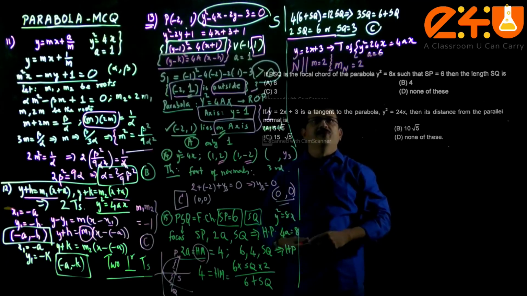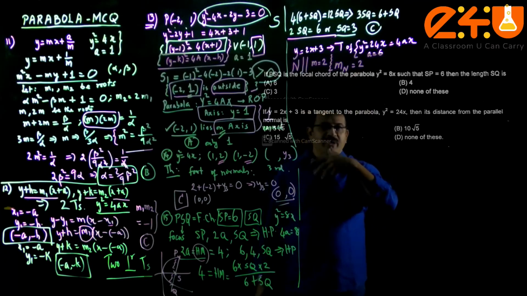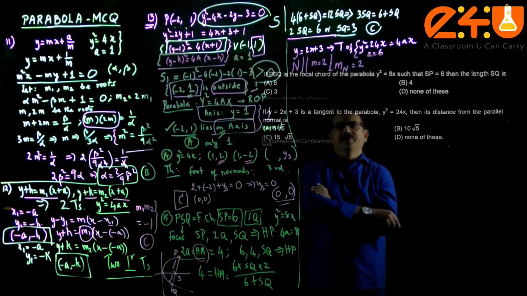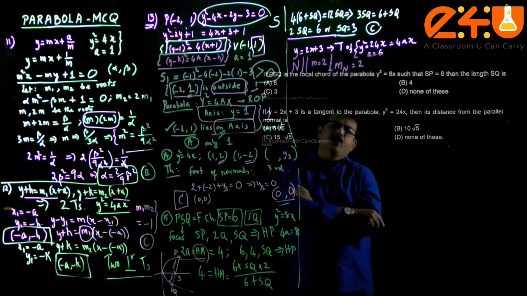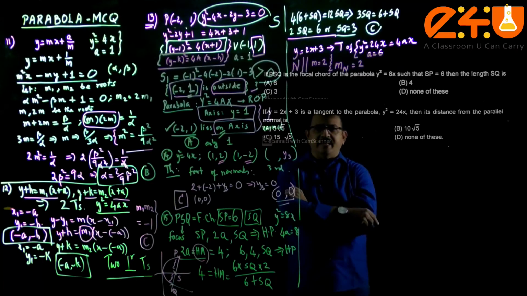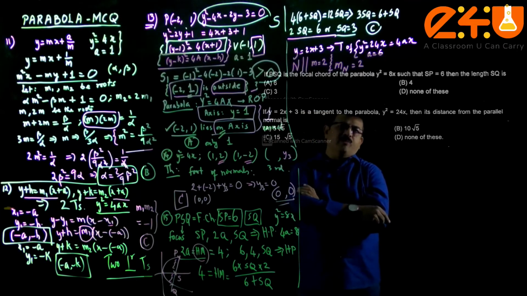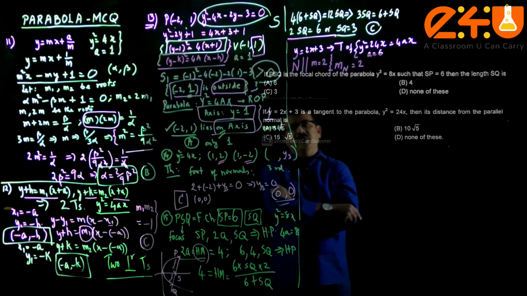The slope of normal. From the parametric equations of the parabola, you know at square is the x coordinate, and the y coordinate is 2at. In that case, the slope of the tangent is 1 by t and the slope of the normal is negative t. Please understand.